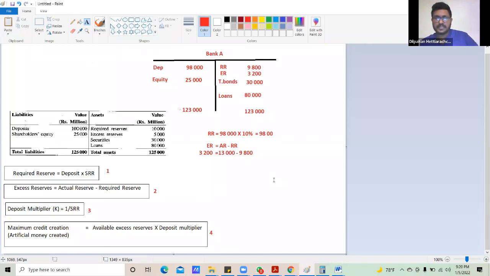Sometimes, since they don't have enough reserves, they sell their securities and increase the actual reserves. Sometimes they have excess reserves, and without lending that, without increasing the loans, they can increase their treasury bonds or securities. So they can give calculations like that also. Those are exceptional calculations, but still possible. So for your question, can there be a change in securities? The answer is yes.